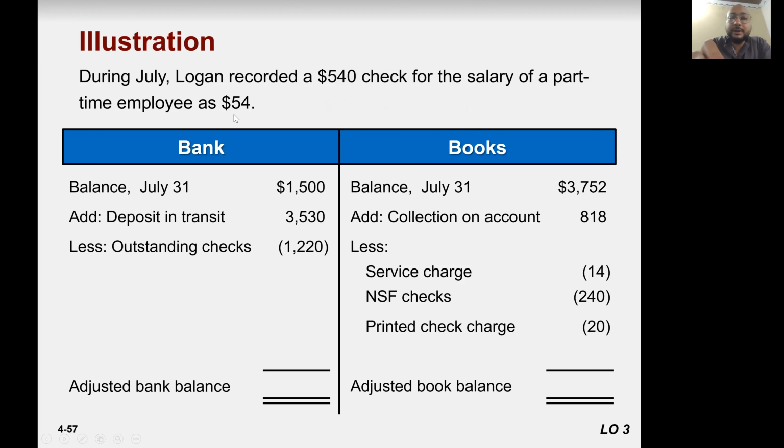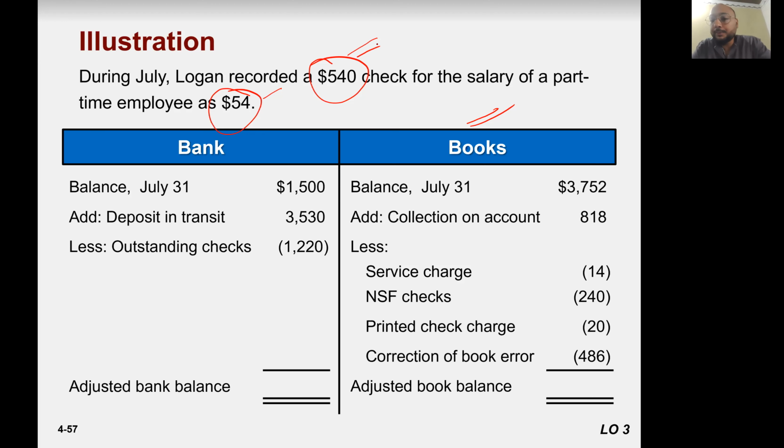And the last one is the human error. Who made it? Not the bank; it was made by our accountant. So what is the difference? 540 minus 54. So we need to deduct. Logan recorded a check of 540 for the salary as 54.